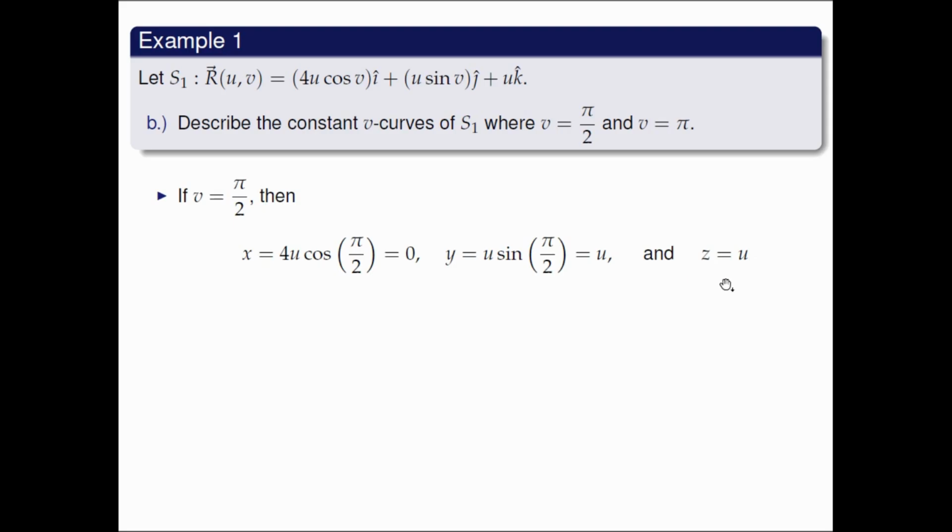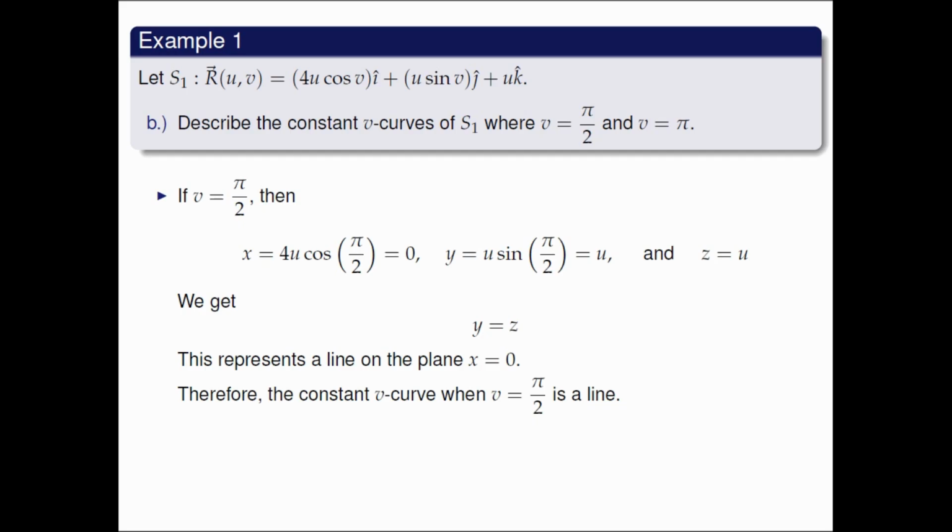So, y equals z. Itong equation na to, on the plane x equals 0, this represents a line. Therefore, the constant v curve when v equals pi over 2 is a line.